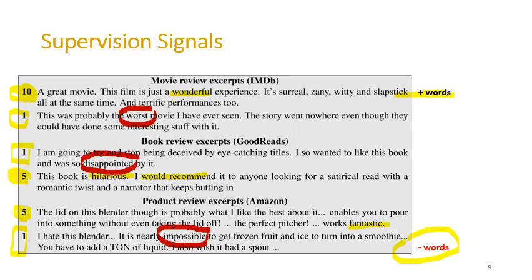So those kinds of negative words are more likely to appear in reviews with negative ratings. And by the way, as I was reading this example of a bad review here, I'm going to try and stop being deceived by eye-catching titles.